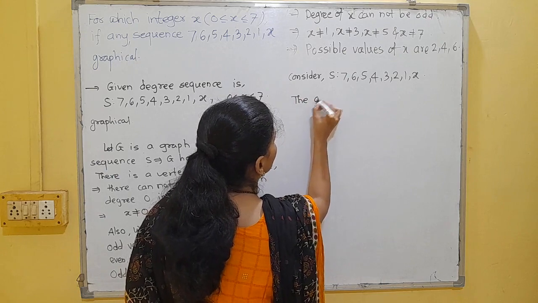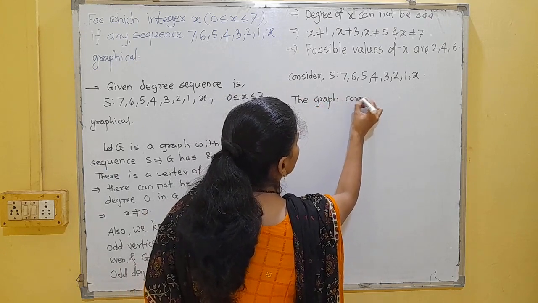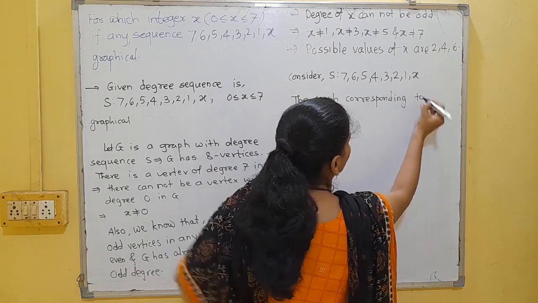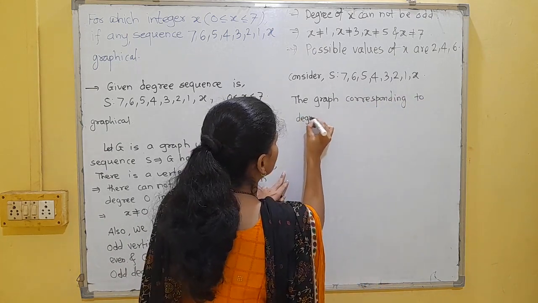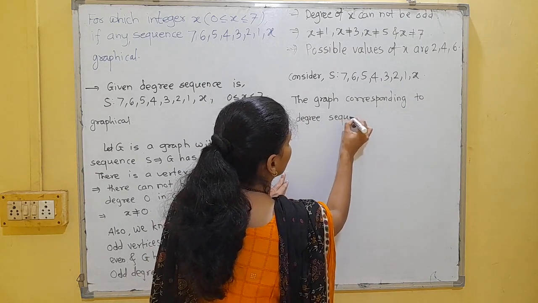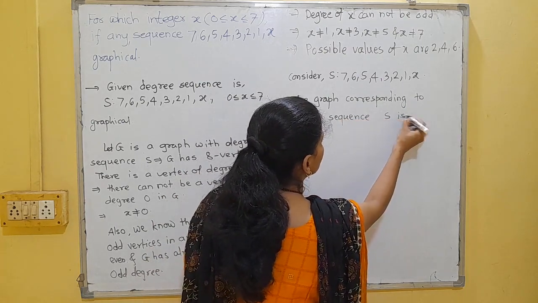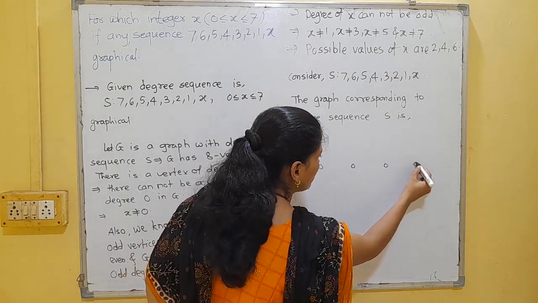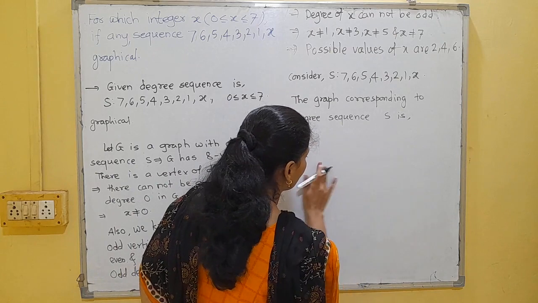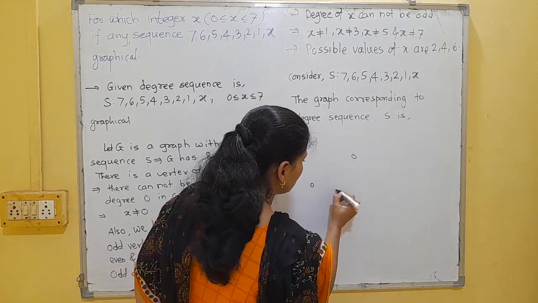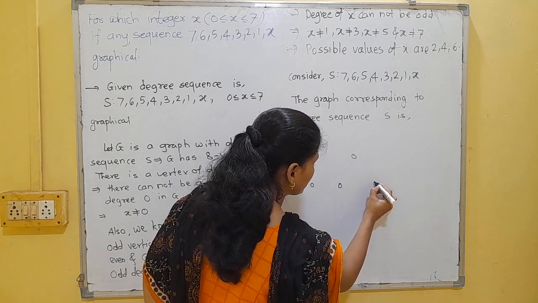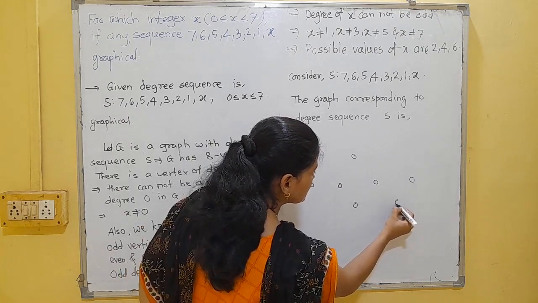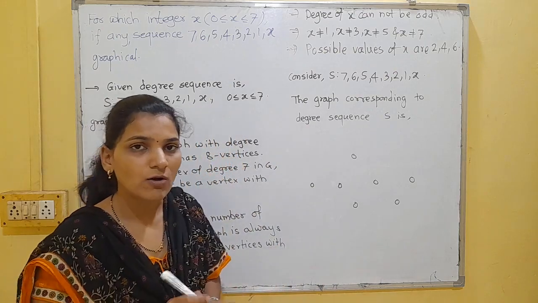The graph corresponding to degree sequence S: there is a vertex of degree 7.